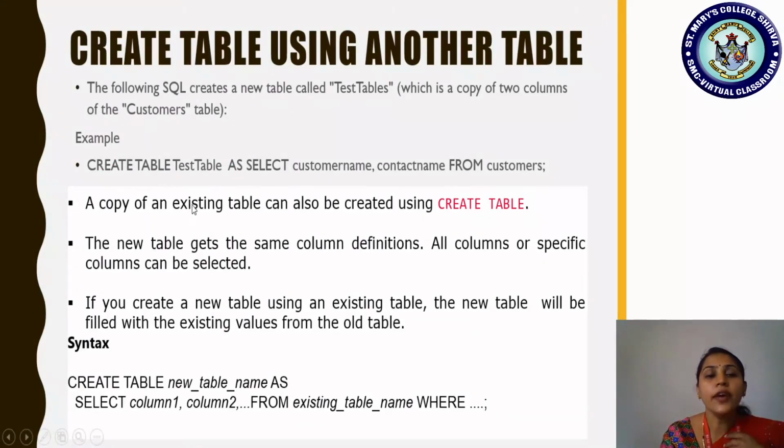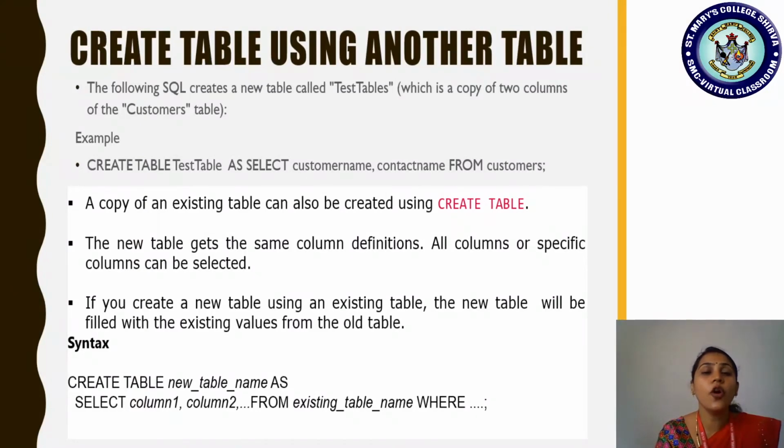Okay, just check out here. A copy of an existing table can also be created using create table. So with this new create table syntax, you can create a new table with an already existing table. The new table gets the same column definitions. All columns or specific columns can be selected.